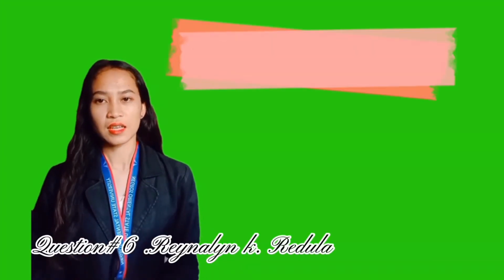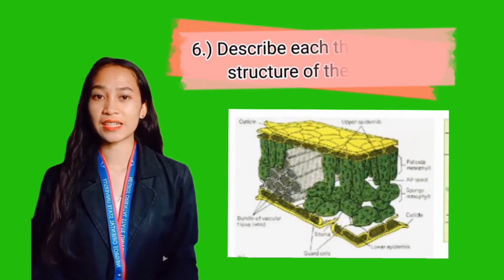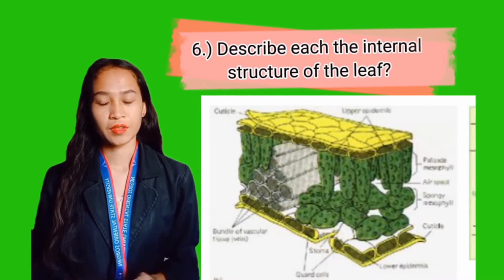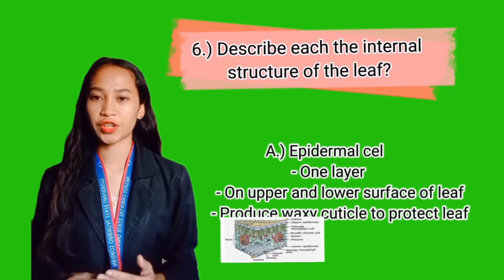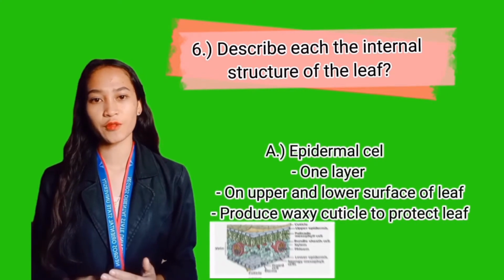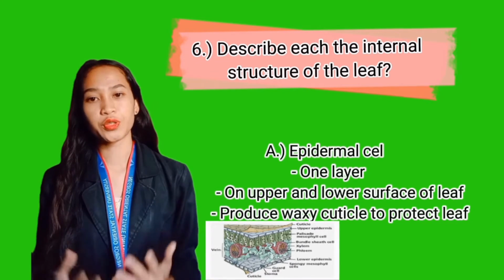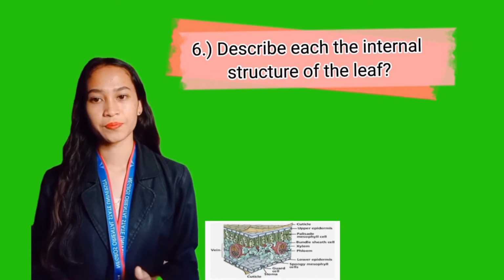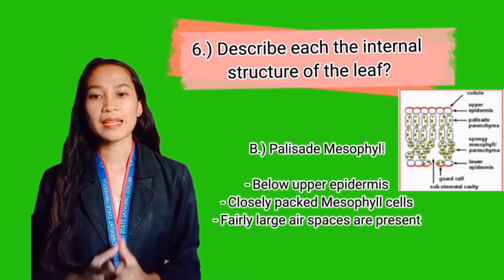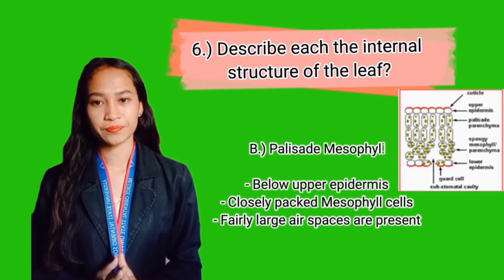Question number 6. Describe each internal structure of the leaf. First, epidermal cells. One layer on the upper and lower surface of the leaf. It produces a waxy cuticle to protect the leaf. Second is palisade mesophyll.